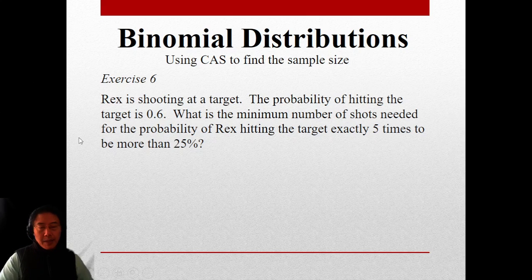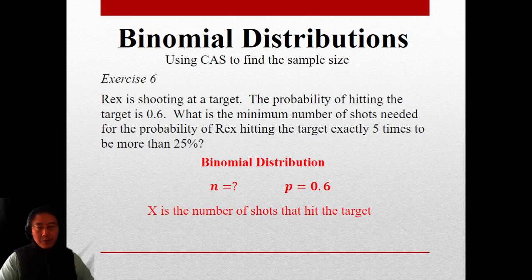Alright, so first determine that it is a binomial distribution. Now I always like to identify the random variable first, which is the number of shots that hit the target. Once you know that, you can determine your probability of success. Here in this situation, it's straightforward from the text.